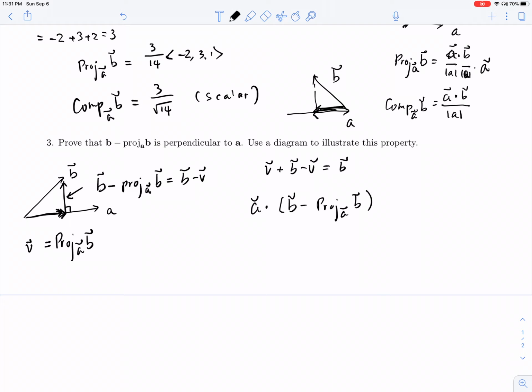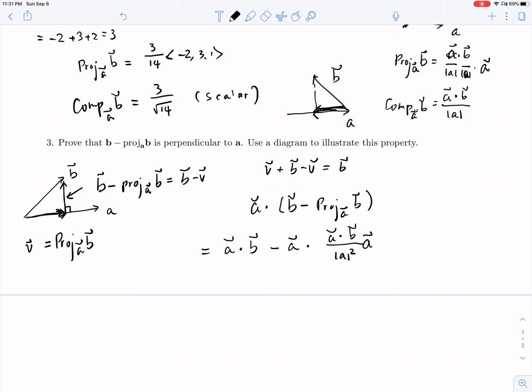If we do that, then we know that the dot product has the distributive law. So this is going to be A dot B over here, okay? And minus A dot the projection. We have the formula over here. So this is going to be A dot B over the norm or length of A squared, and this is a number, and we put A over here, right? That's the one.